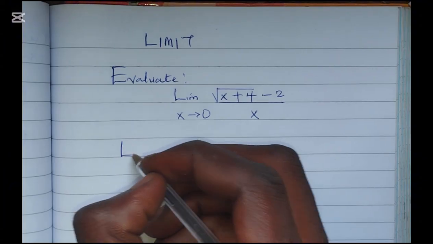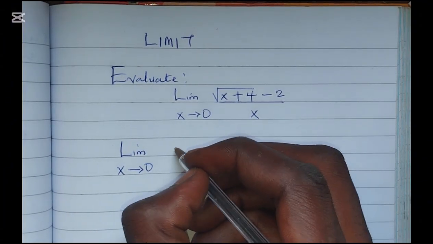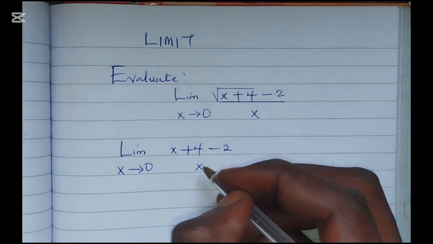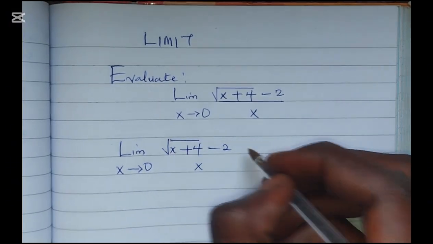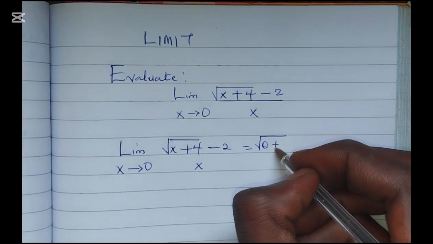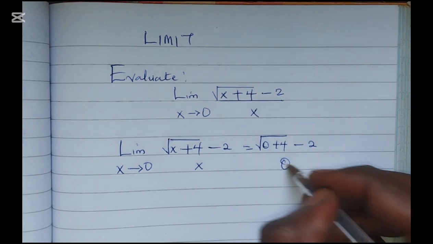So the limit as x goes to 0 of root of x plus 4, minus 2, all over x, is equal to root of 0 plus 4, minus 2, all over 0.